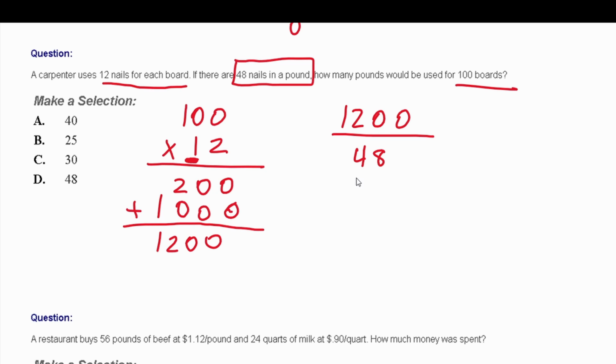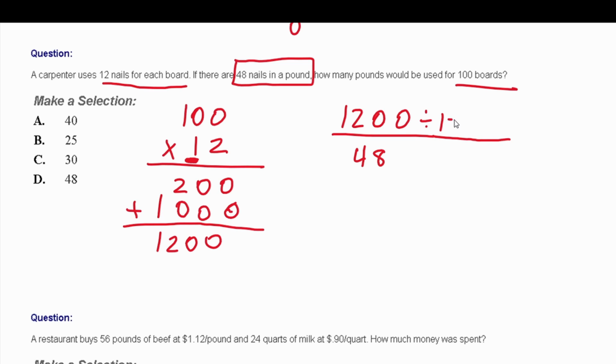Now, at first glance, you might be saying, this is a pretty difficult problem. Am I going to divide 1200 by 48? You can if you want, but you can also reduce this problem to make it a little bit easier, since both 12 and 48 are multiples of 12.